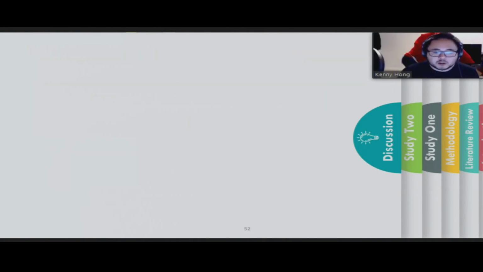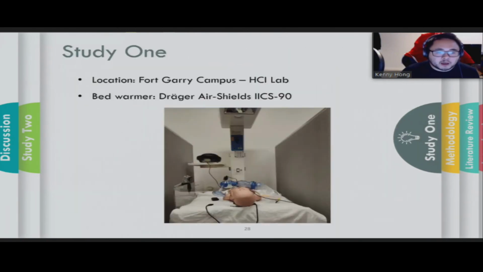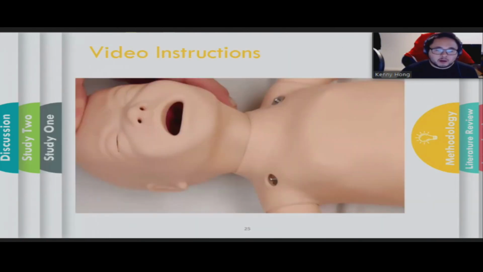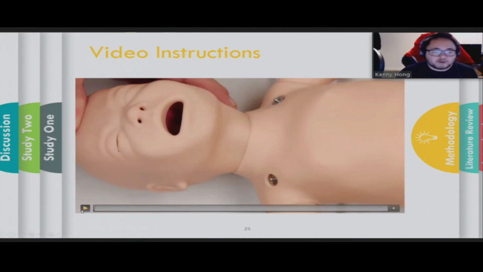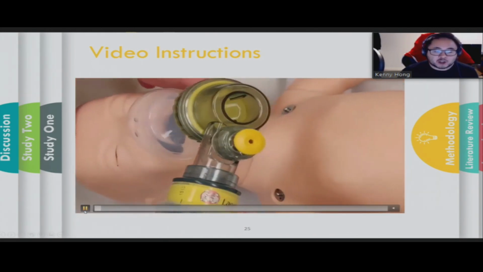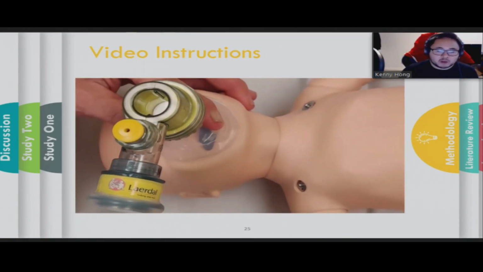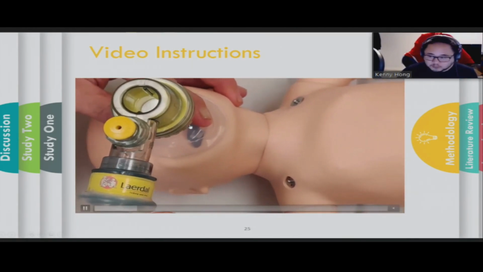Before every experiment, even with the healthcare professionals, we showed them a video with a narrated script approved by a neonatologist, and a video of a respiratory therapist performing the actual procedure itself, so that they learn and they also had the time to train and get used to the tool. Yeah, thank you.